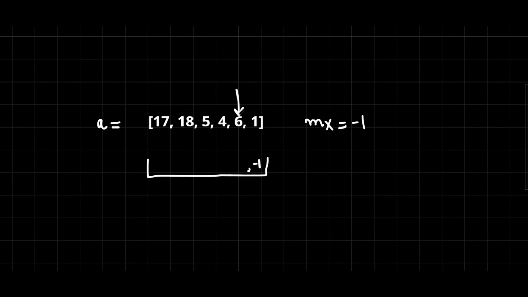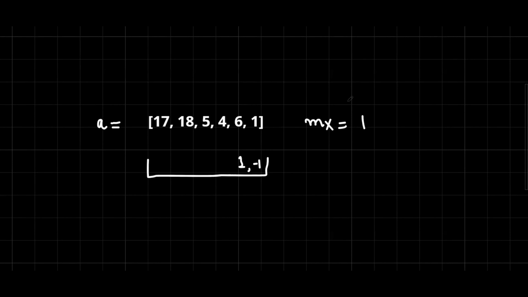Anyways, now for this element 6, we have to calculate the maximum value of its right side. So the maximum of -1 and 1 is 1. So we have to put 1 here, which is the maximum value on the right side of element 6.